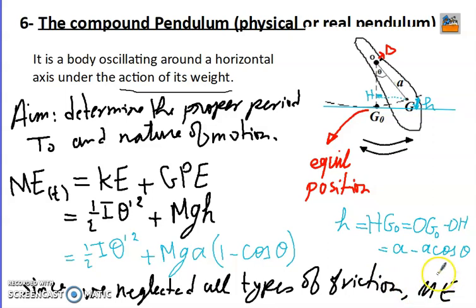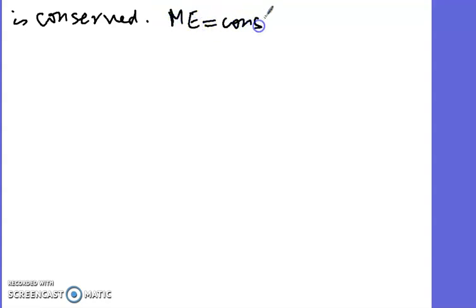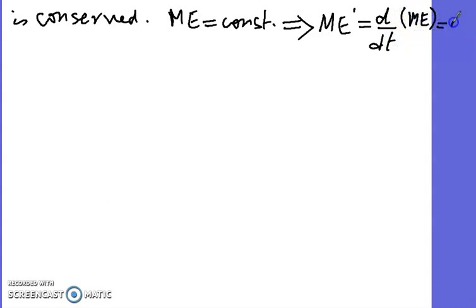The mechanical energy of the system is conserved, right? This means mechanical energy equal constant. So what's the derivative of constant? Equal to what? Here we take always the derivative with respect to time. Clear? The derivative of the mechanical energy equals 0.